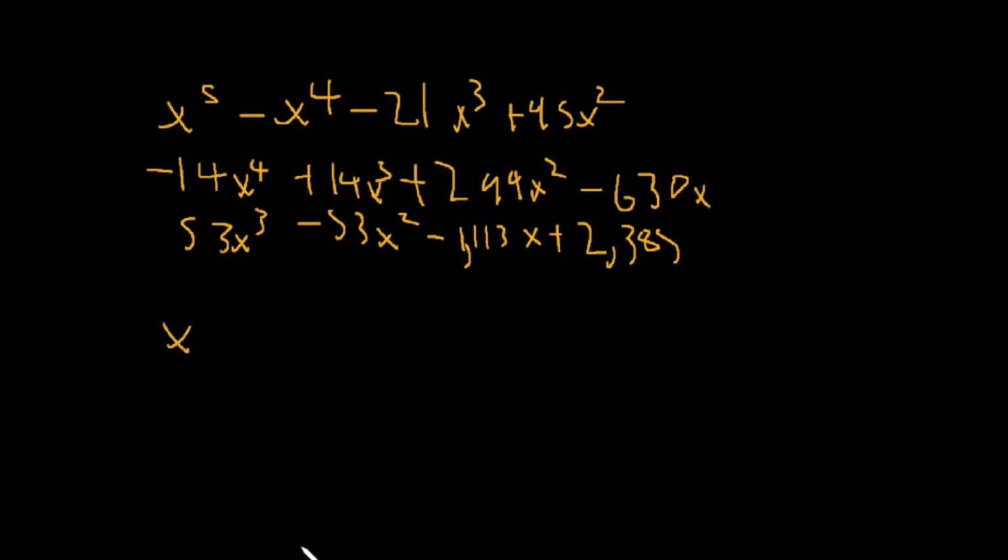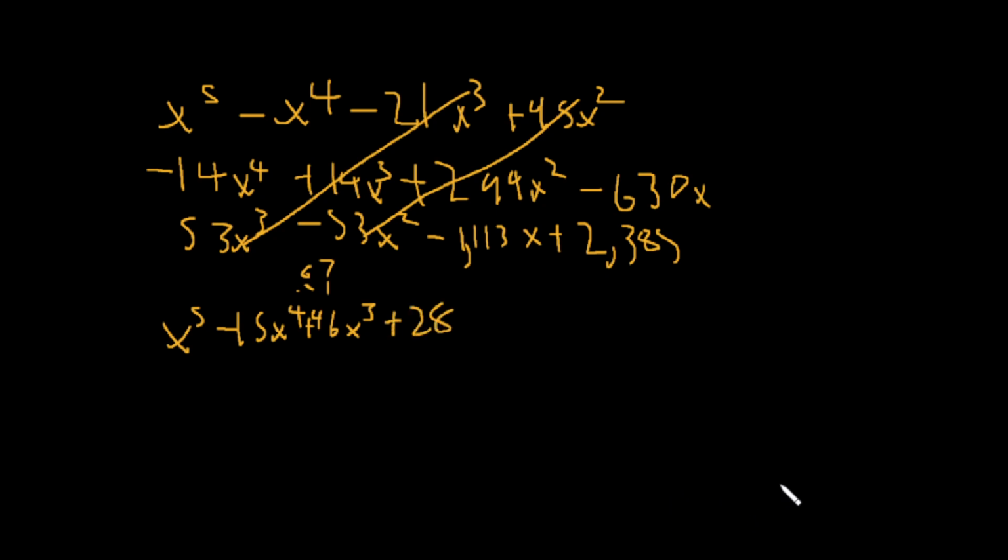So x to the 5th minus 15x to the 4th. So that's 67 minus 21, that's 46x cubed. 294 plus 45 is like 3,000, and then minus 53, 286x squared, and then these two is negative.